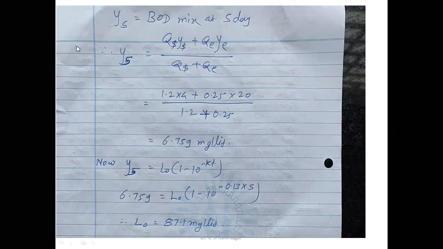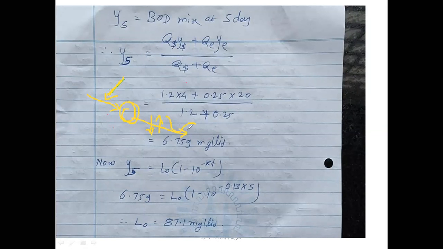After mixing, the sewage and stream get together and flow. The effluent quantity deteriorates the DO level, and the stream's self-purification activities increase the DO level.